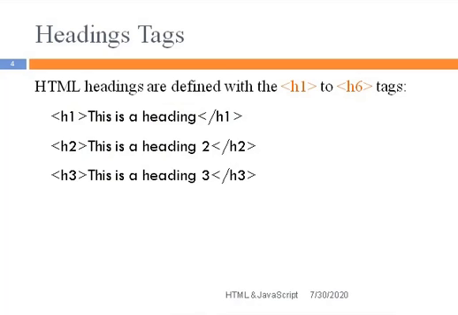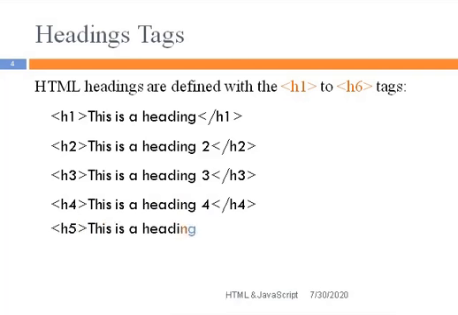This is heading h1. Then the h2 tag. This is the heading h2 closed. h3 tag opening h3, this is the heading, and h3 closed. Then h4, this is the heading, h4 closed. h5, this is the heading, h5 closed, and h6, this is the heading, h6 closed.